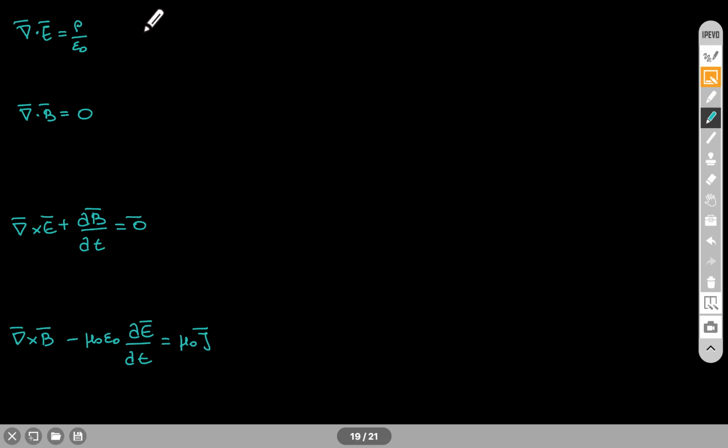Now, if we express Gauss's law in the integral form, I have the closed surface integral of E dot dA is equal to the charge enclosed over epsilon naught. Now, the integral form of Gauss's law, we can use it if you know the electric field, again, you can find the charge enclosed.